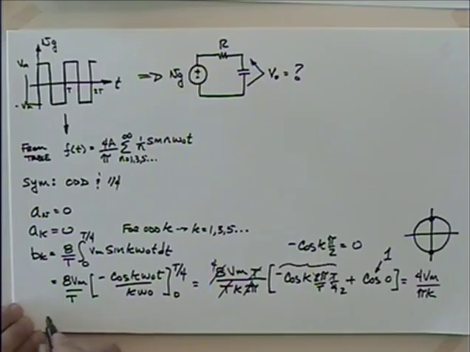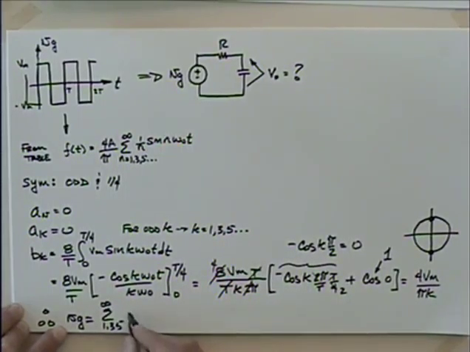So I should be able to say that Vg is going to be the average value plus the sum, 1, 3, 5 up to infinity of 4 Vm divided by pi k times what?